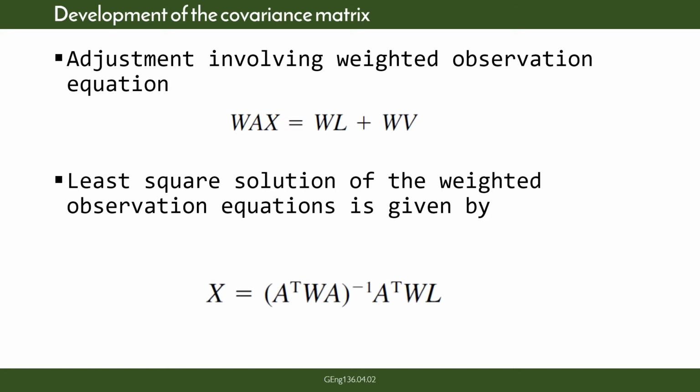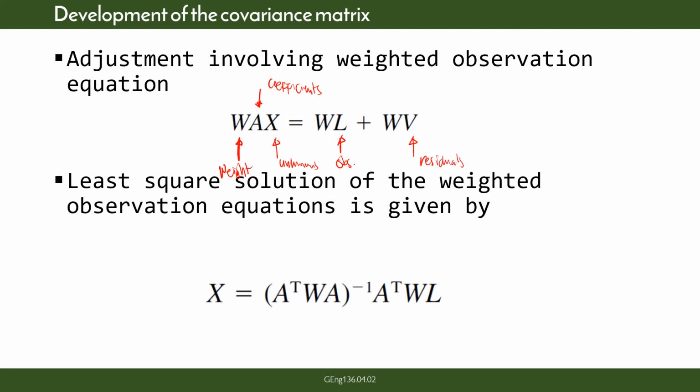So next, we will have the development of the covariance matrix. Remember, we have this equation involving weight. So here we have your weight, the coefficients, then the unknowns. Then you have your observation matrix, then your residuals.